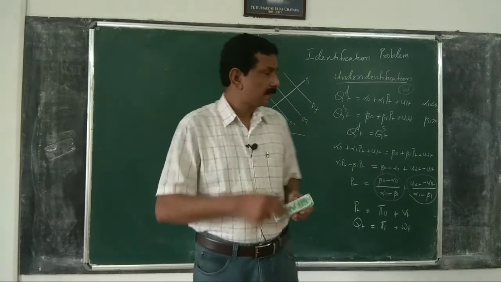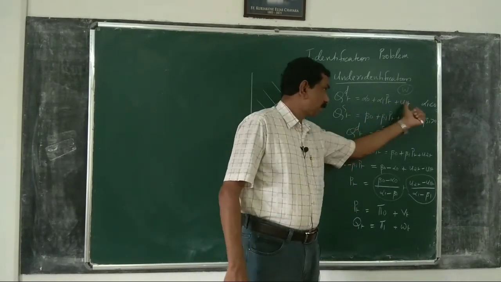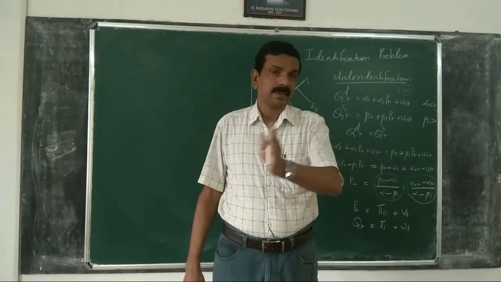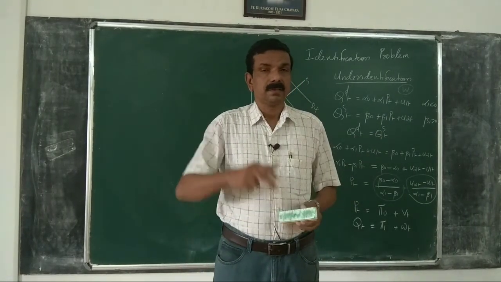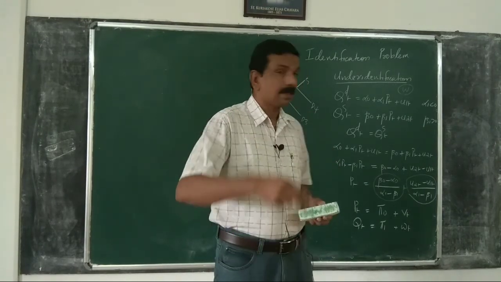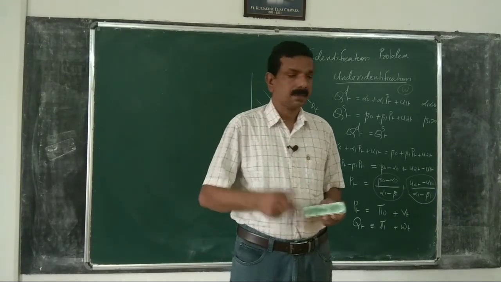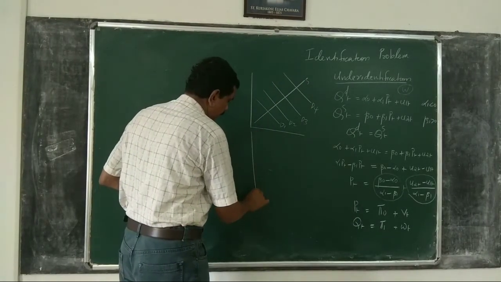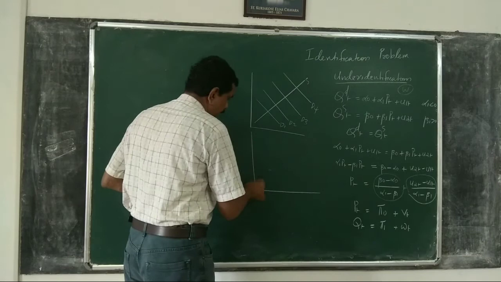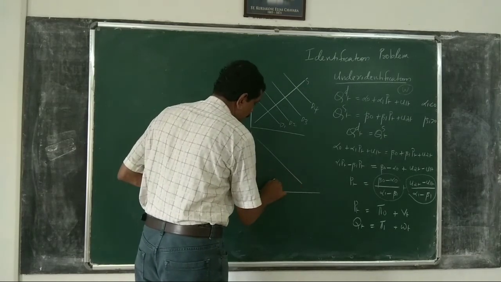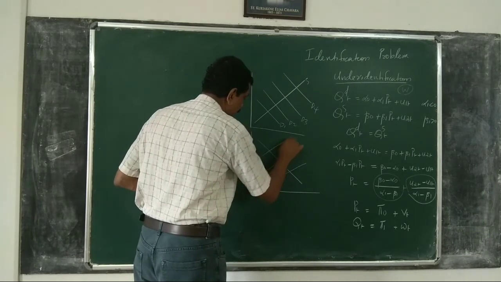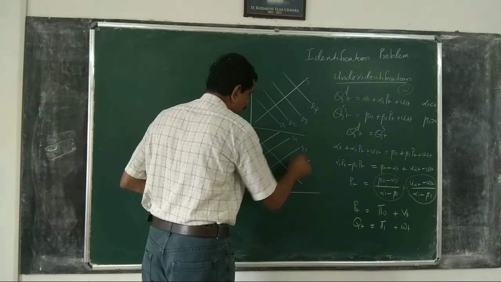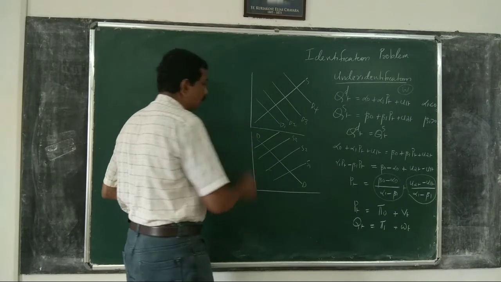So if there is additional information about the nature of the demand curve, it enables us to identify the supply equation. Similarly, suppose that there is additional information in the supply function so that the supply function shifts over time like this as S1, S2, S3, etc. This is the demand curve.